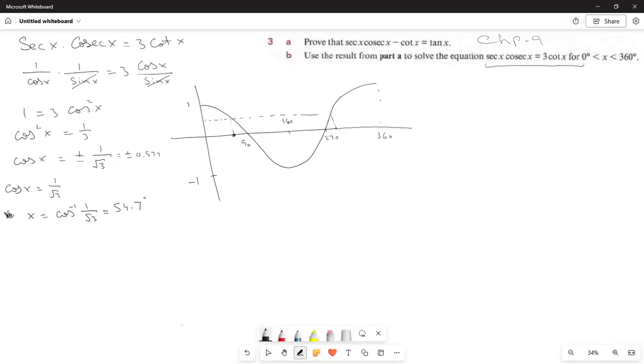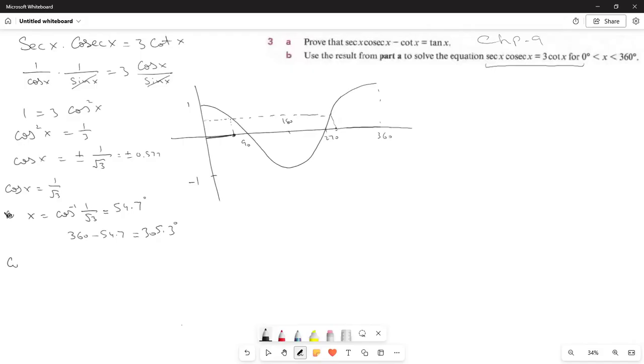Okay, now this value over here, whatever it is away from 0, the same it is away from 360. So the next value I have to find by subtracting this value from 360. So it is going to be 305.3 degree.